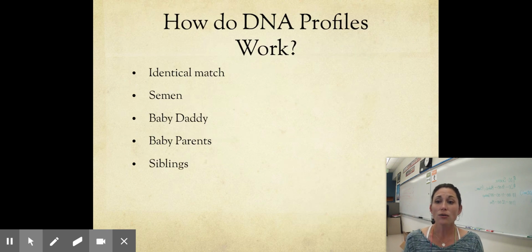So how do these DNA profiles actually work? Typically, when we are looking at DNA profiles, we're looking for an identical match. So we are hoping to find a DNA profile of someone that matches a sample that we already have. We can use a variety of different strategies to do that.